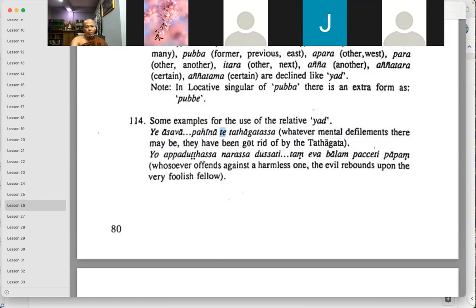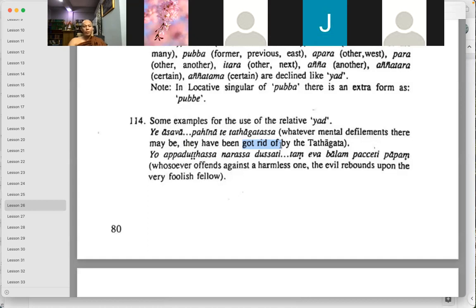Pahīnā, having got rid of, by the Tathāgata. So that is why, in the ya and the ta, the ya clause modifies the ta in their meaning, even though they can be a different gender or different number or different case, but mostly the same.